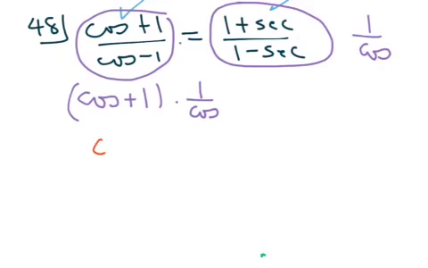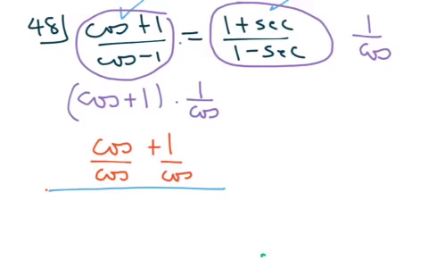So I'm going to rewrite this cosine plus 1. I'm going to divide this by cosine, divide this by cosine, and then I'm going to do the same for the denominator. I'm going to write this as cosine over cosine minus 1 over cosine.